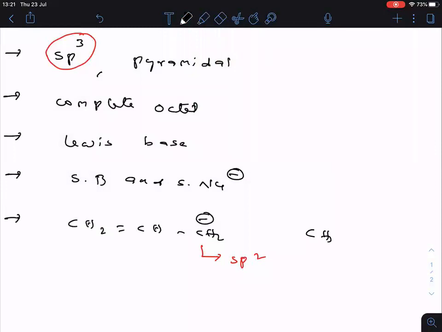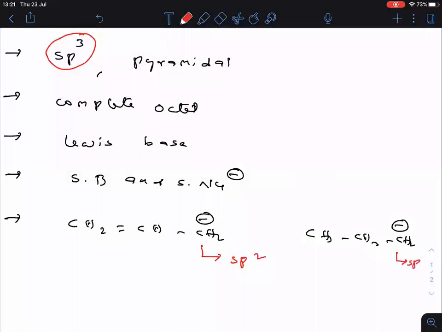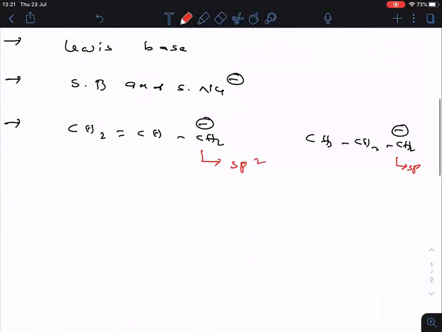Now, for example, if I take this one, CH3CH2 minus. Clear? Now what happened? In this case, the hybridization of this carbon is what? sp3. Is it clear, everyone? sp3, because in the second case there is no conjugation, no resonance. But in the first case, there is conjugation and resonance is possible.